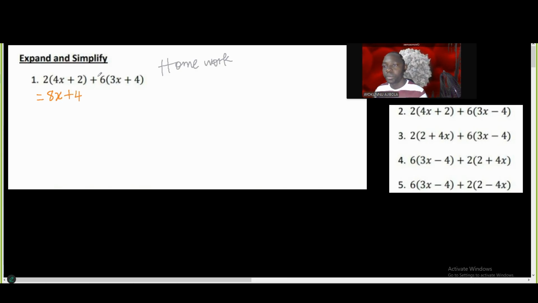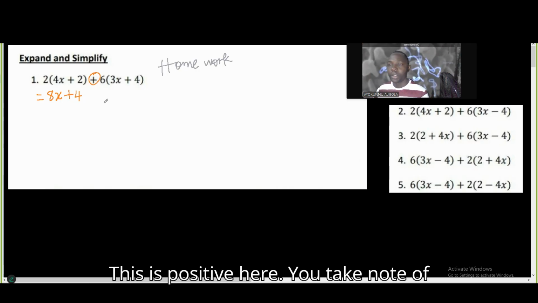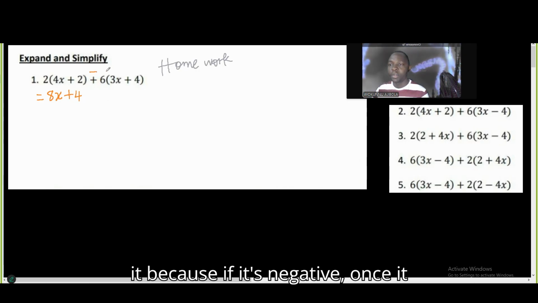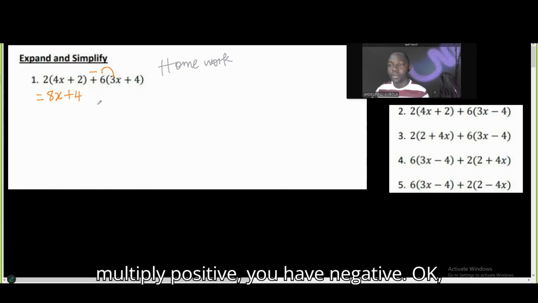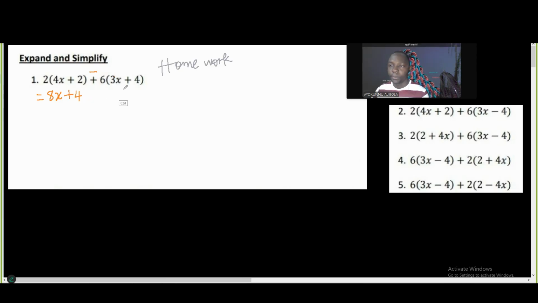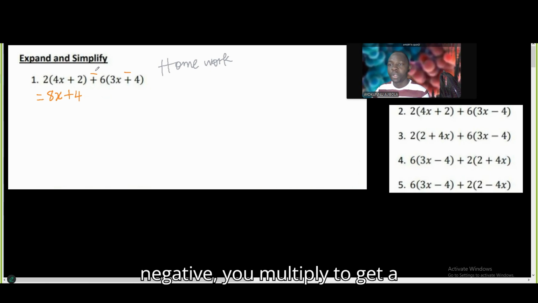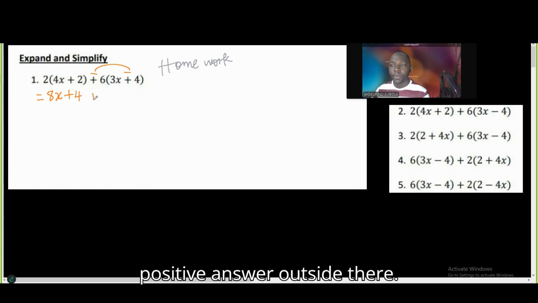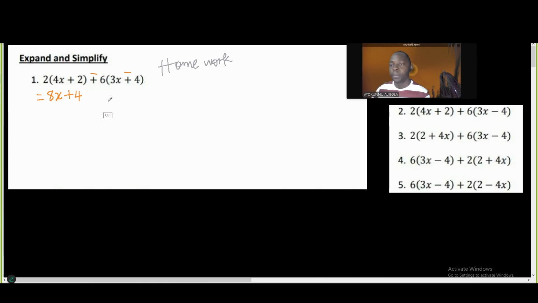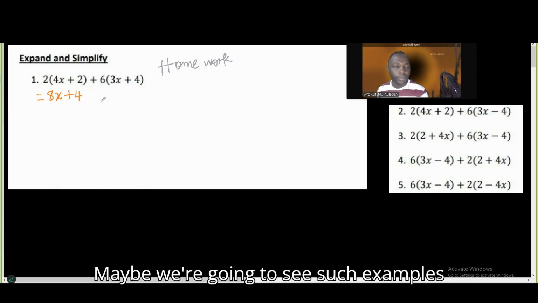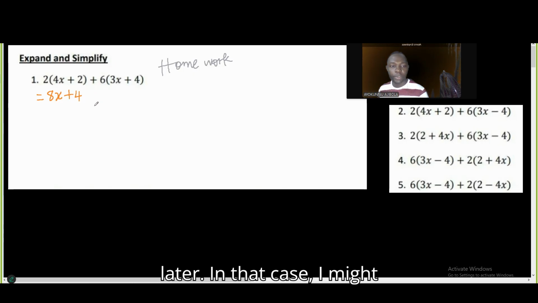Also, this is positive here, you take note of it. Because if it's negative, once it multiplies a positive, you have negative. And if both are negative, you multiply to get a positive answer.